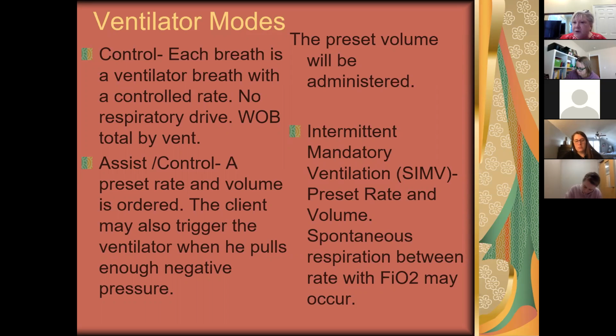It is usually computed as 10 to 15 milliliters per kilogram of body weight. So that's how they kind of come up with how much tidal volume. Now you can have the actual tidal volume by having pulmonary function study tests, and they do the residual volumes and your tidal volumes and all that. But when these patients come in and they're not breathing, they will say, well, let's send them for pulmonary function studies.